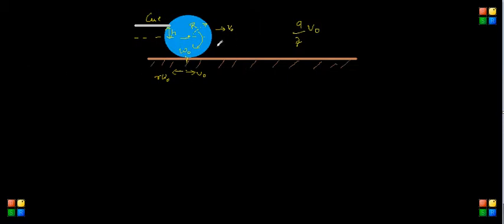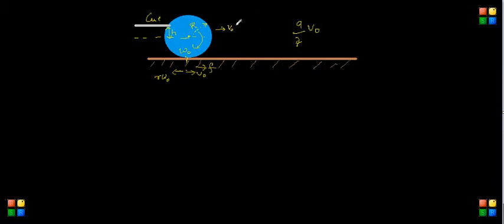So if the ball starts rolling, there is an introduction of frictional force, and that is the force that is going to help increase the velocity v naught to 9 by 7 v naught. So the frictional force must be in the forward direction if it's going to increase the velocity v naught.